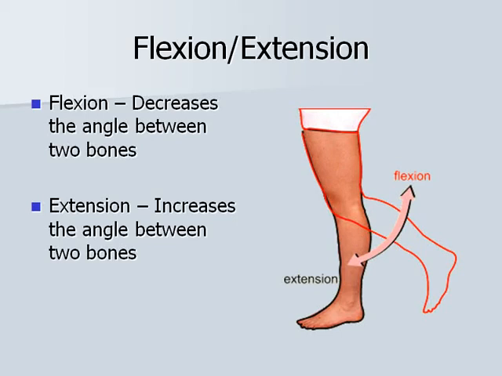If I decrease the angle, if I'm going down towards 0, I'm flexing. Extending is the opposite. Extension increases the angle. If I start at 90 and I go back to 180, now I'm extending. Flexing, extending, flexing, extending.